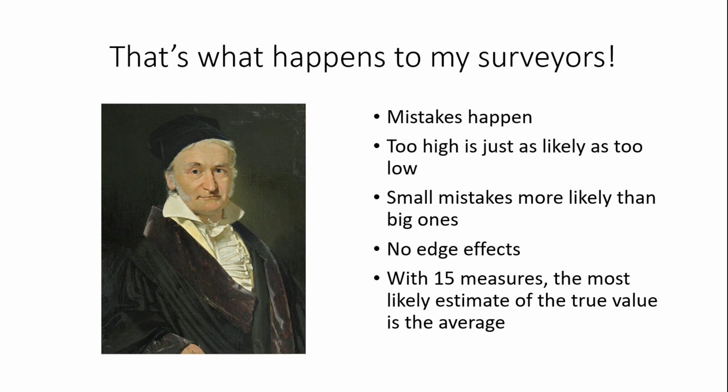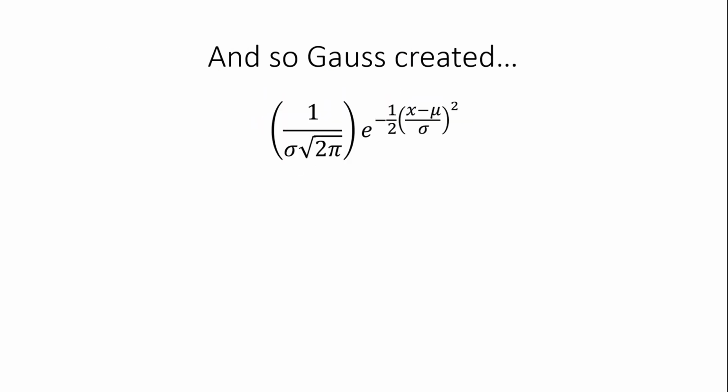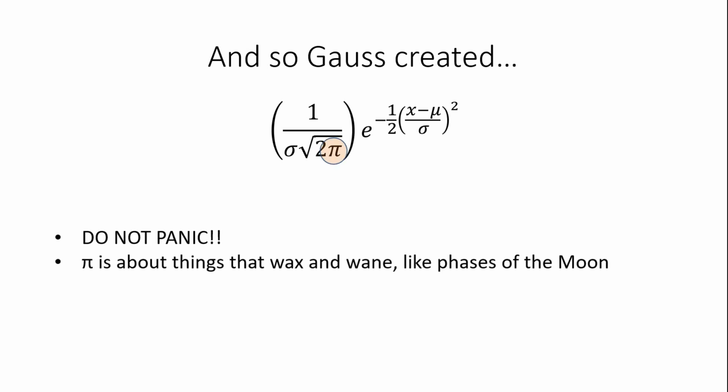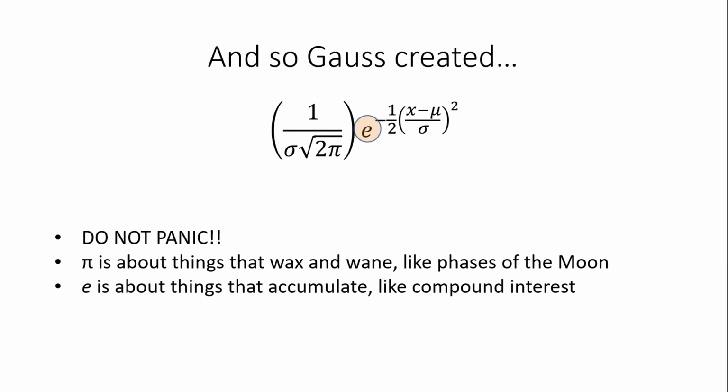But Gauss is a great mathematician, so he didn't say this in English or in German. He said it in math. And there it is. That's the equation for the bell curve. But you can speak math. Pi is about things that go up and down, like phases of the moon. E is about things that accumulate, like compound interest.